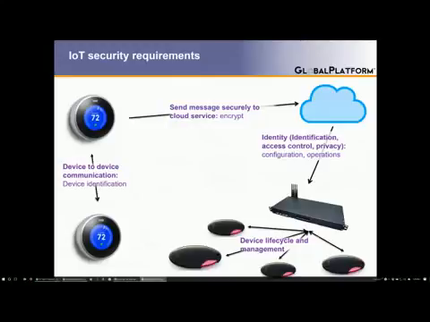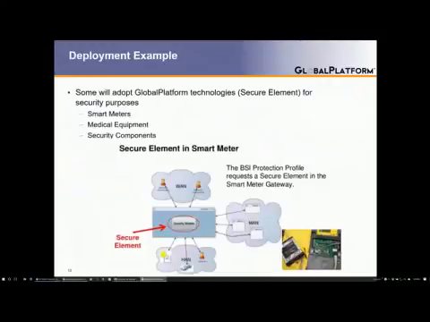One real-world example we can point to is an organization called BSI. It's the security organization of Germany. In other words, they dictate what is required for the security standards inside Germany.